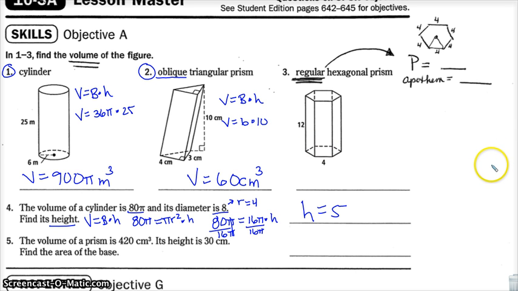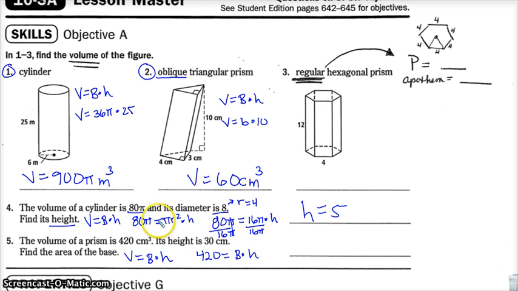Now it's your turn. Try question number 5. You're given the volume and asked to find the area of the base. You should have started by writing your volume formula, base times height. You're given the volume, 420, and you're given the height.